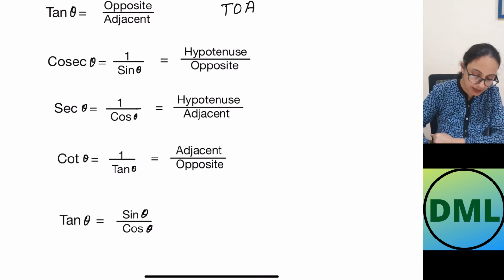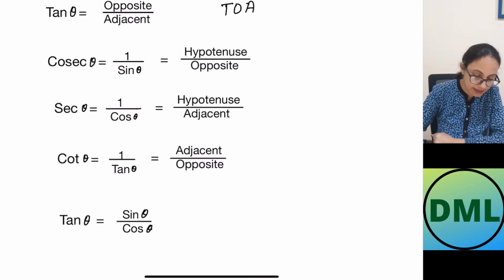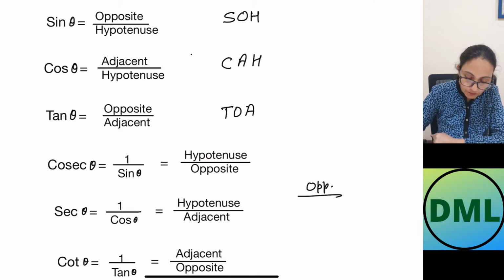Next, tan theta is equal to sine theta over cos theta. Sine theta and cos theta are opposite over hypotenuse and adjacent over hypotenuse. If you divide both of them, you are dividing opposite over hypotenuse by adjacent over hypotenuse.